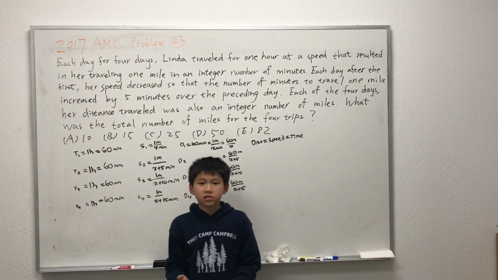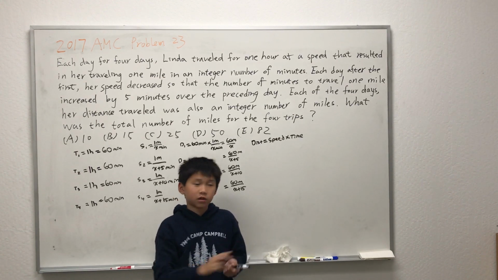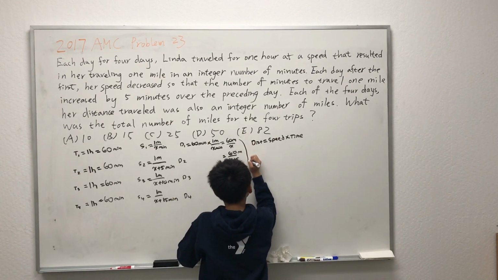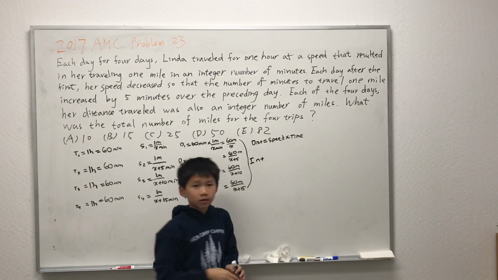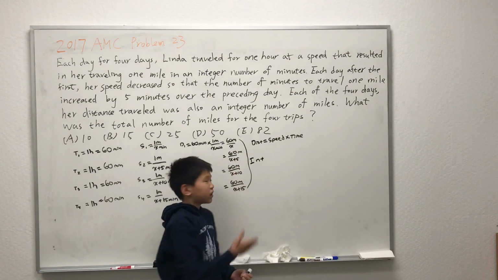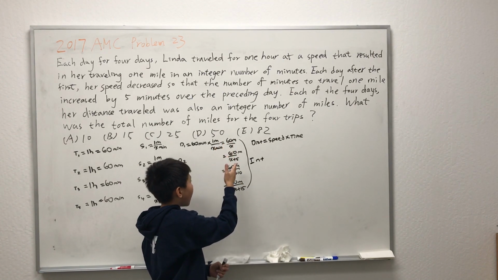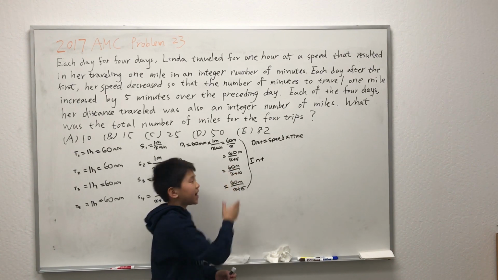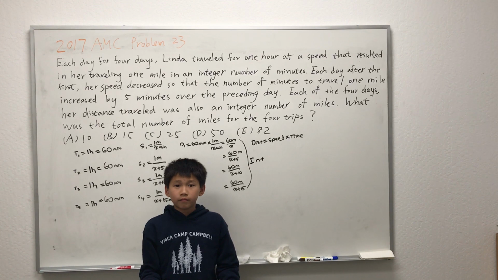And the problem tells us that the distance traveled every day has to be an integer. So all this has to be an integer. All we need to do is find the value of x which will make 60 over x, 60 over x plus 5, 60 over x plus 10, and 60 over x plus 15 all integers, and we have the answer.